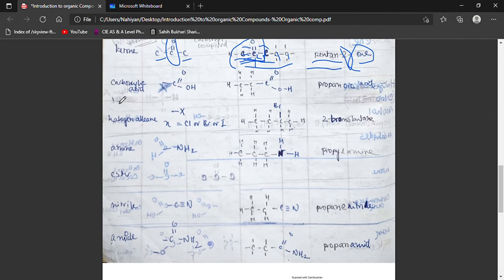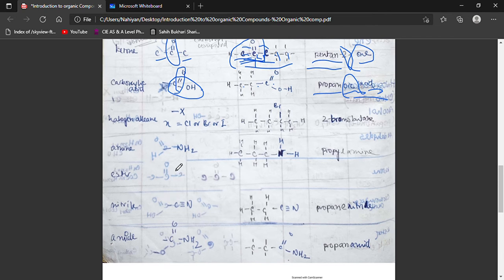So moving on, we have carboxylic acid. As I said, two things. One is the C double bonded O and the OH part. So it's carboxylic acid, and the suffix for it is oic, and you must also have acid with it. And for it having 1, 2, 3 carbons, you have propan. It's propanoic acid.